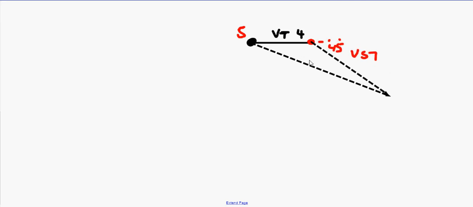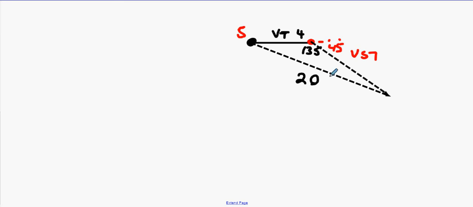Alright. What angle is this? 135. What do I know about Vs? 20. Gotta be 20. Why does it have to be 20? That's the speed of the boat, yeah, exactly, alright.